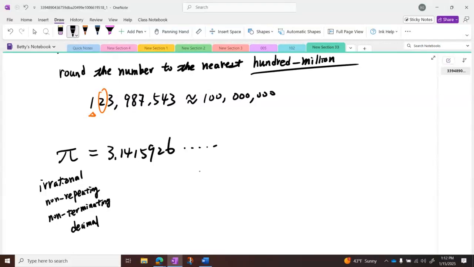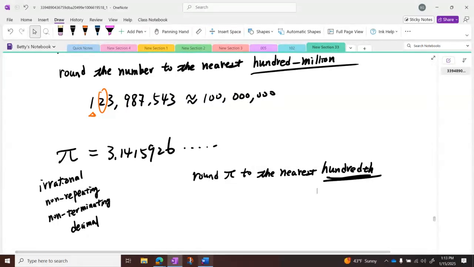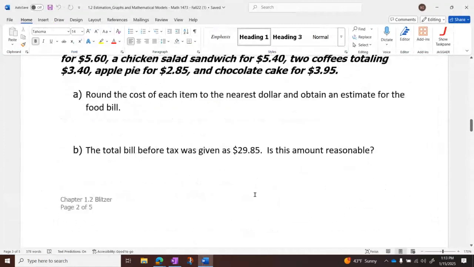Okay, this is decimal. So what if we wanna round this number, estimate this number to round it to the nearest hundredth? Round pi to the nearest hundredth. Okay, it's different from 100. It has a th following d. So this is hundredth. I want to show you quickly on the guided note.